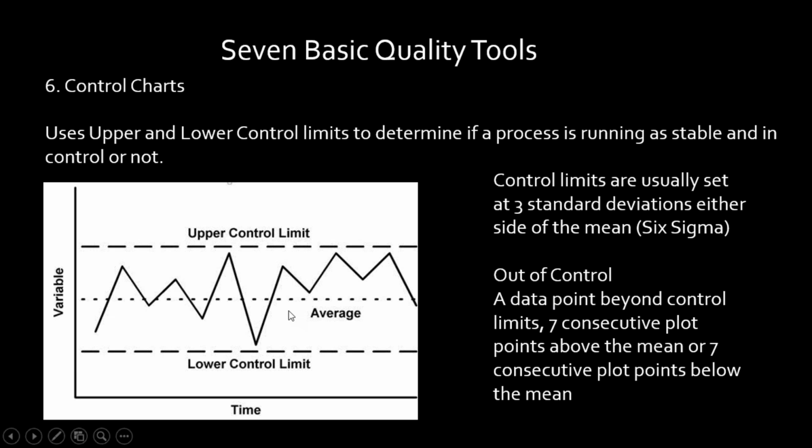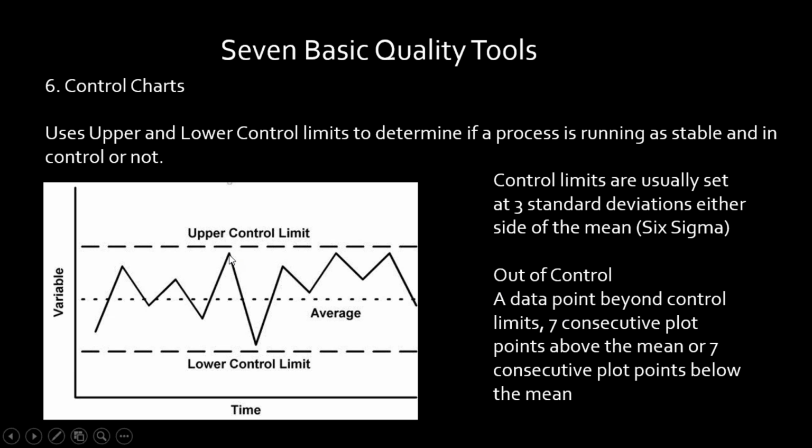If they ask you about a control chart, one of the rules is that if one of my measurements ends up outside of the control limits, this process is out of control. The other qualification to take it out of control is 7 consecutive plots.